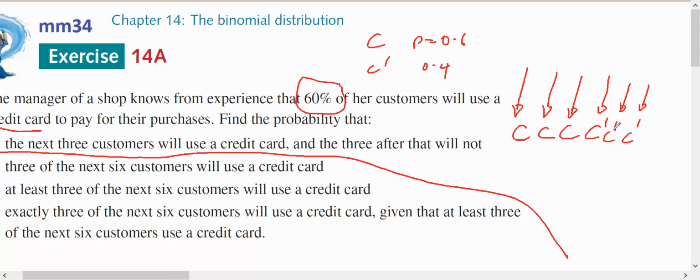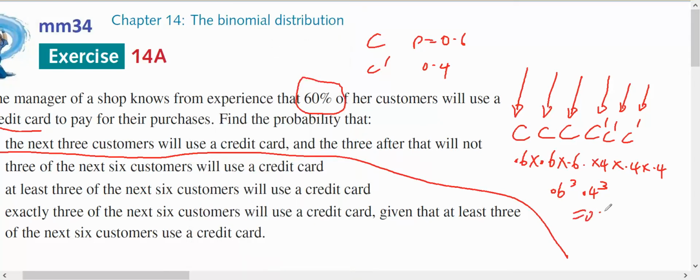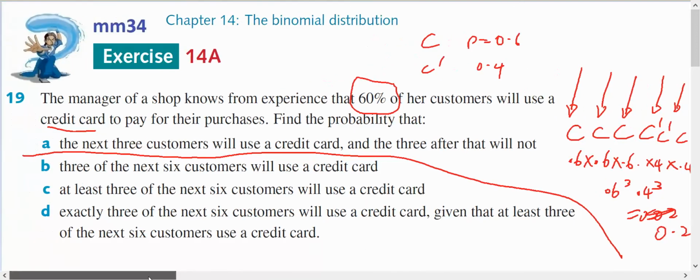On each event there was only one outcome, and I know that it happens. That's 0.6 by 0.6 by 0.6 by 0.4 by 0.4 by 0.4. So 0.6 to the power of 3 times 0.4 to the power of 3, and that's going to equal 0.28.